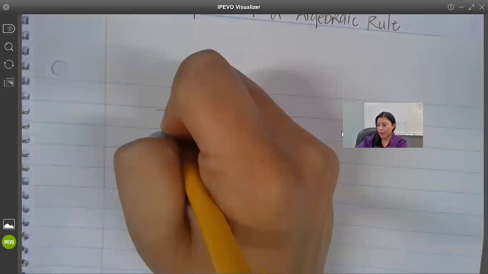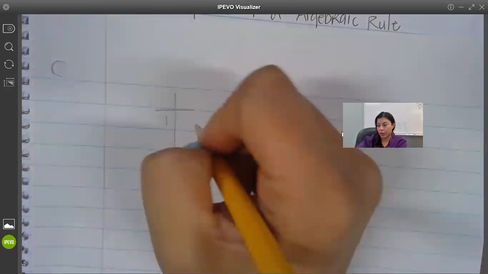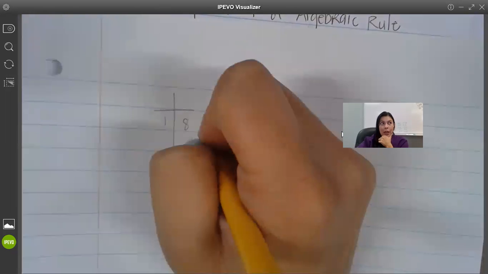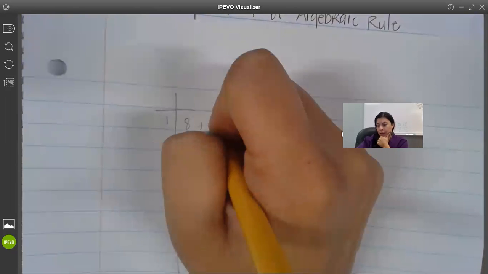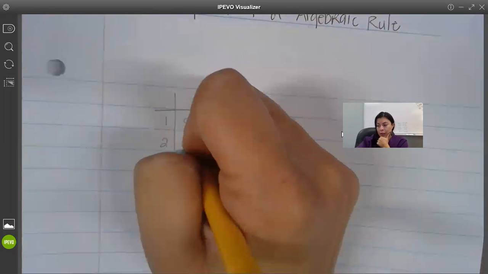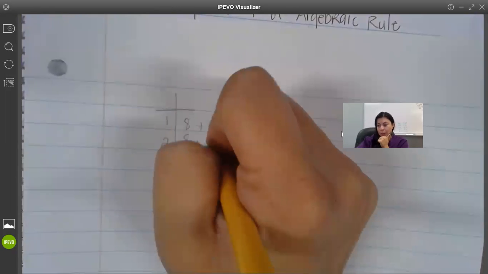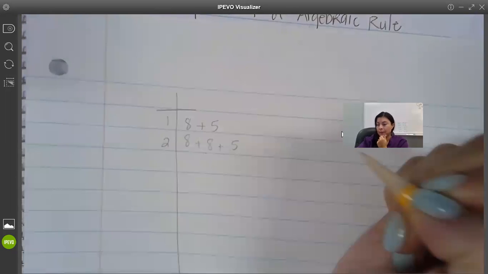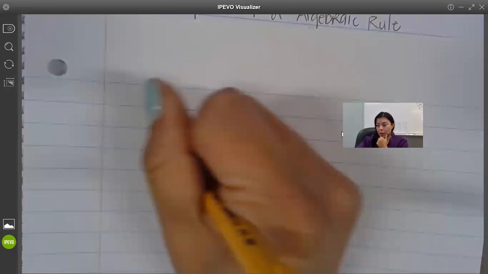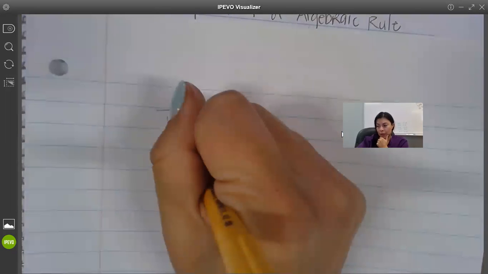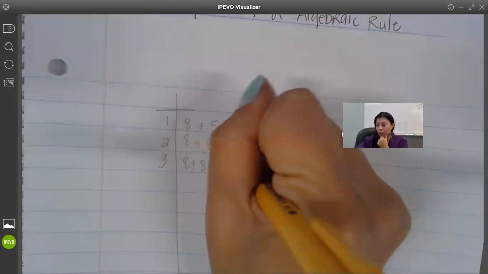So for the first time you pass through, if you only pass through it once, they would charge you $8 for passing and $5 setup fee. If you pass through it twice, they charge you $8 for each time plus the $5 setup fee. If you went through it 3 times, they charge you $8 every time plus the $5 setup fee of your account.